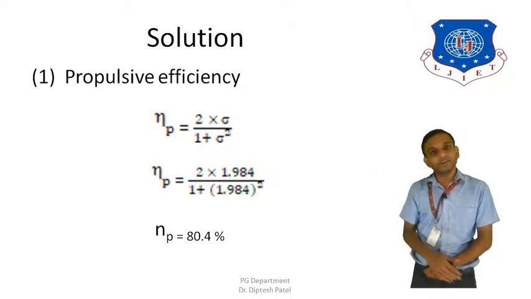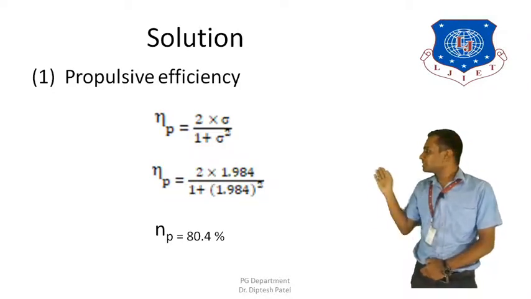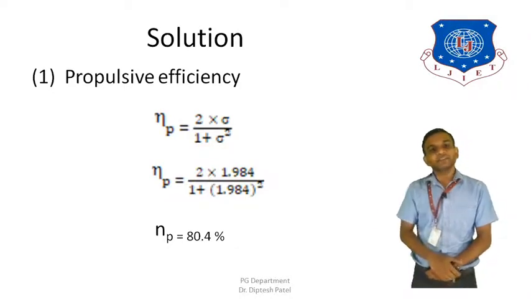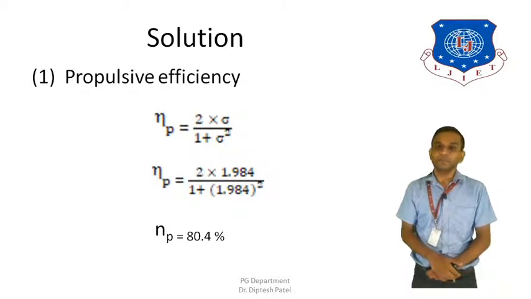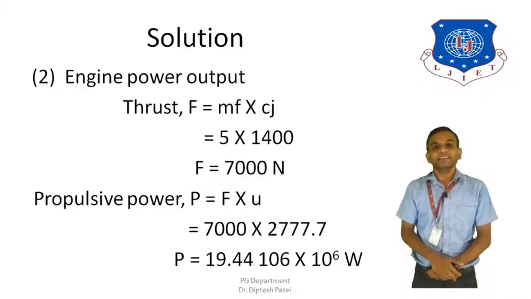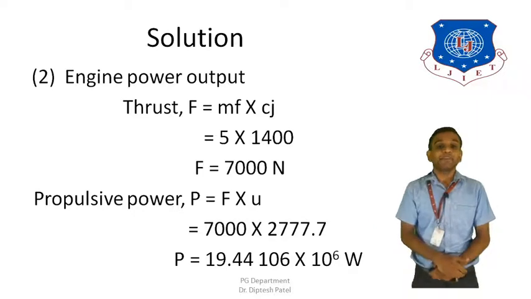Eta P is equal to 2 into 1.984 divided by 1 plus 1.984 square. After going through the calculations, I should be able to find the value of eta P, and that is 80.4%. So the propulsive efficiency is 80.4%.